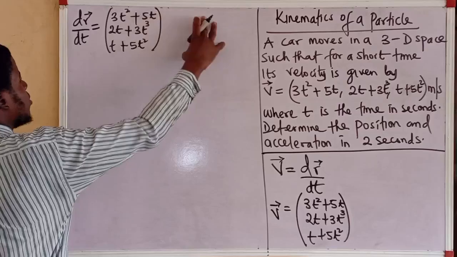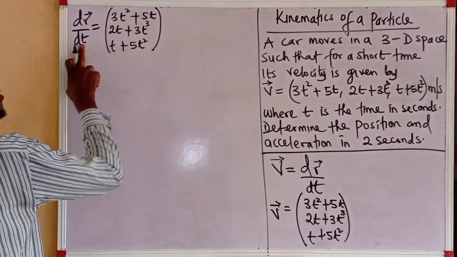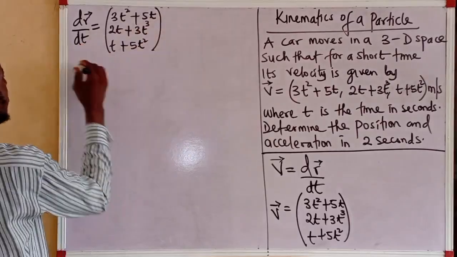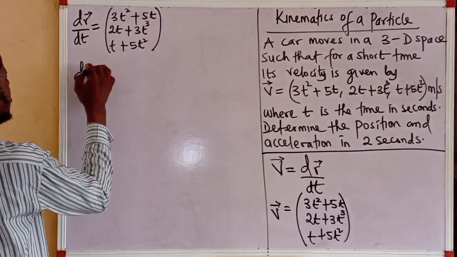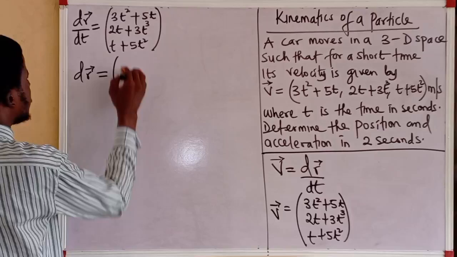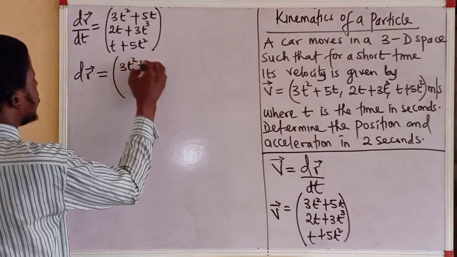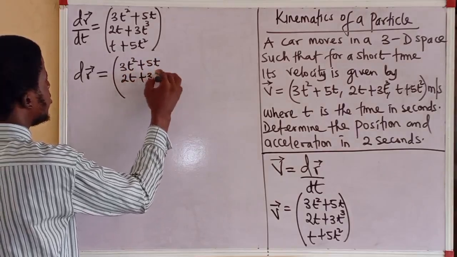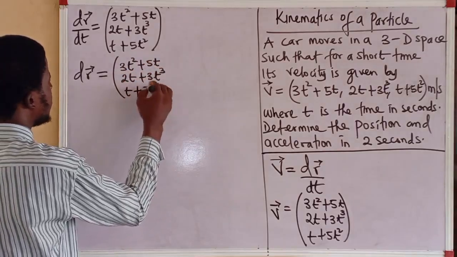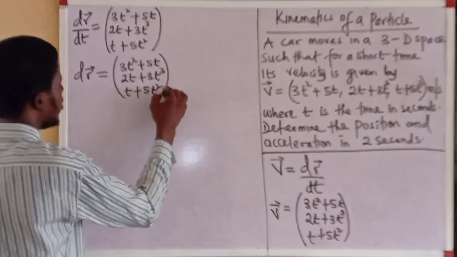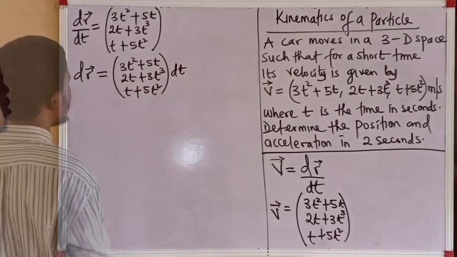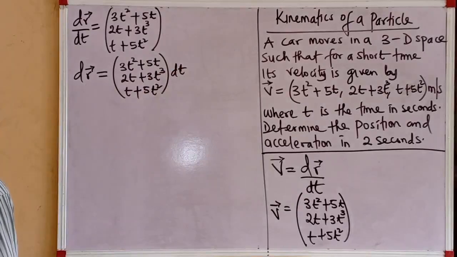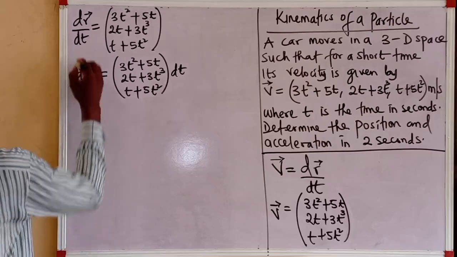This is a vector in terms of t. Let's take the dt to this side by cross multiplying. To get the position, we'll integrate both sides.